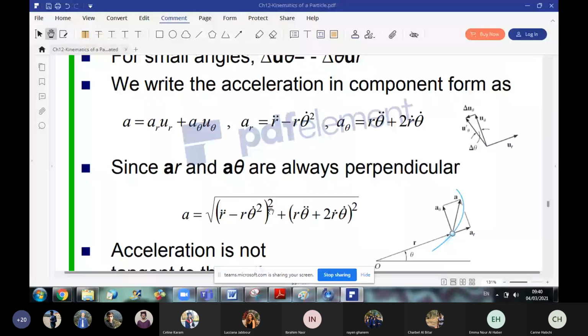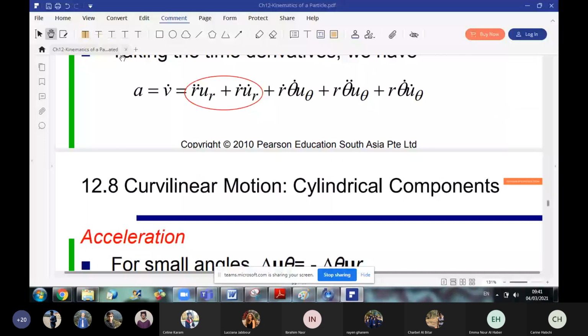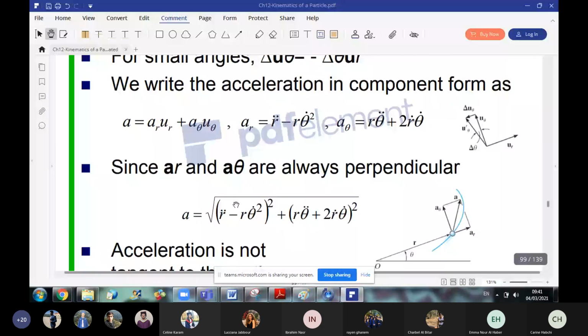They got different components, and by summing our components together and theta components together as we did, they obtained that AR is r dot dot minus r theta dot square, and A theta is r theta dot dot plus 2r dot theta dot. You don't have to memorize anything because it's an open book course. So in the exam, you can have your notes in front of you. You should just understand how to use these formulas. Okay? So this is the expression of acceleration.